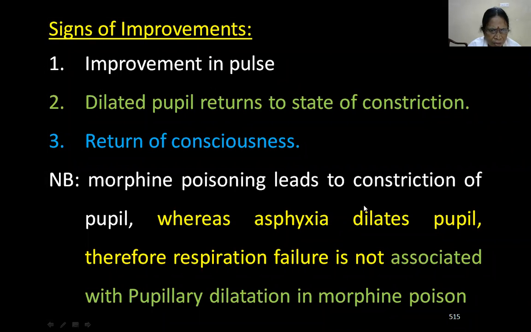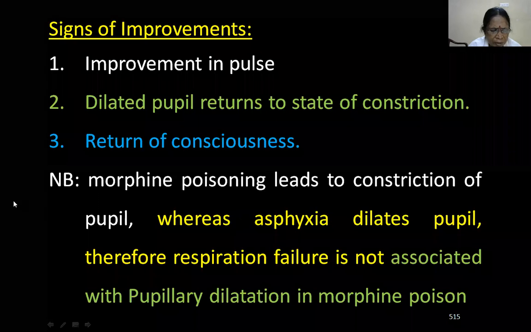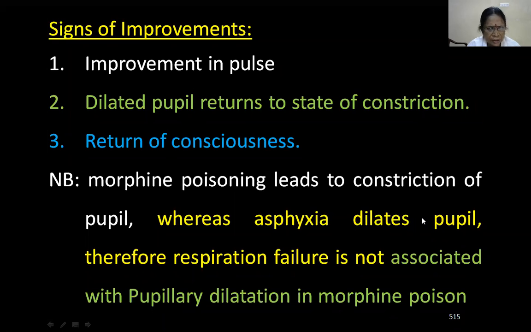And morphine poisoning, you remember: a case of morphine poisoning leads to constriction of pupils, whereas asphyxia dilates pupils. Therefore in asphyxia, the pupils should return to constriction.